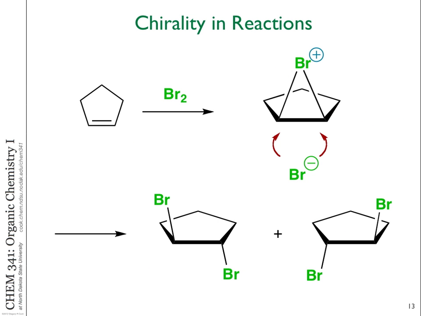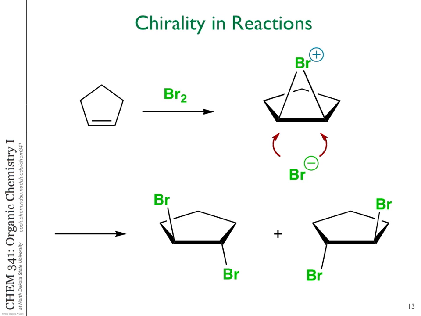Even if we can't control which enantiomer or which mirror image we produce above the other, there are reactions which influence the formation of one diastereomer over another. Remember, diastereomers have different properties. The transition states leading to diastereomers have different energies, and so in principle you could have selectivity.